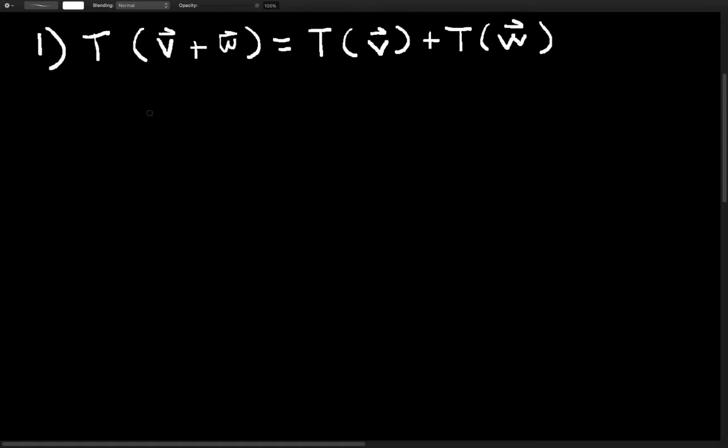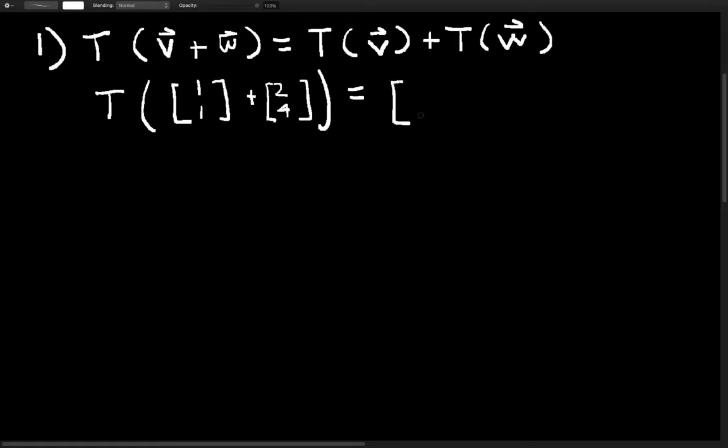If we took the transformation T of (1, 1) plus (2, 4), and we got something like, let's say we're transforming into R2, so this is R2 to R2, we got (2, 2).